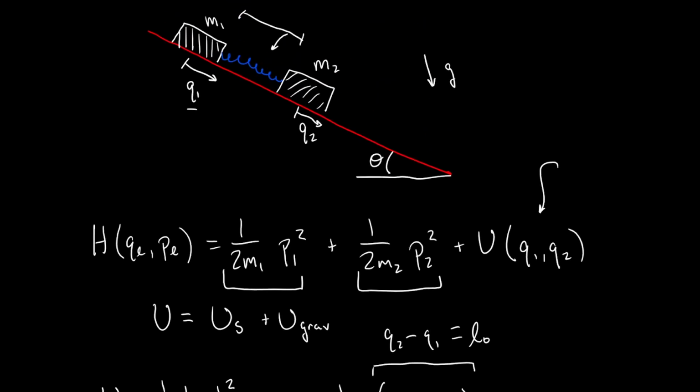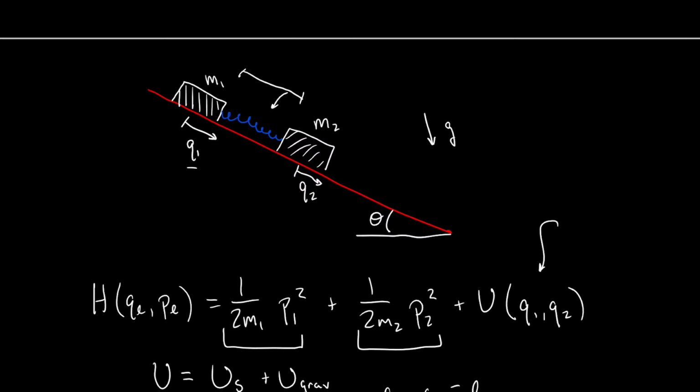And here's where sort of the trickiness of this is. Notice how I defined Q1 and Q2 to be pointed down the slope, right? This is, of course, completely arbitrary. I could define Q1 and Q2 to be pointing up the slope, but I just did this because we have some sort of physical intuition and we expect these things to evolve down the slope.